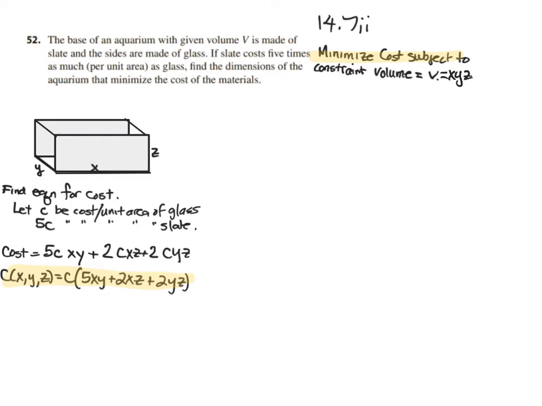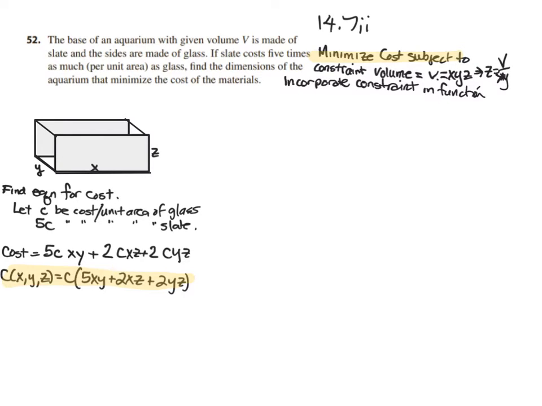So in this section, we are incorporating the constraint into the function that we want to optimize. So, for instance, if I solve for z, z equals V over xy. Remember, V is a constant here.